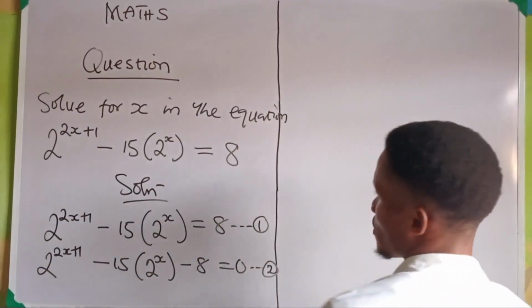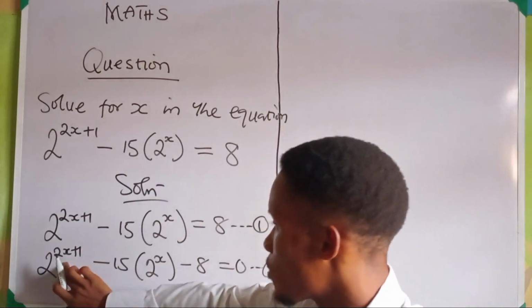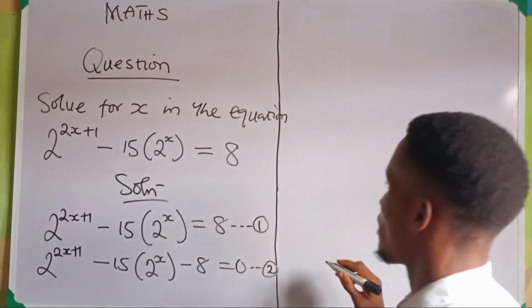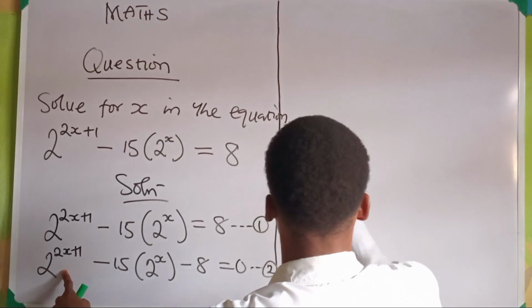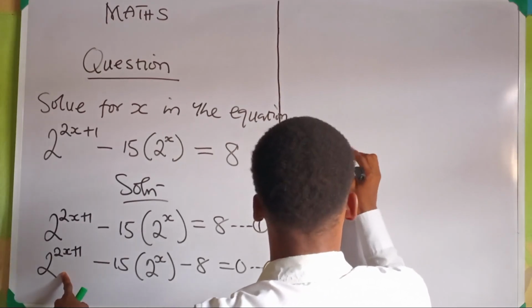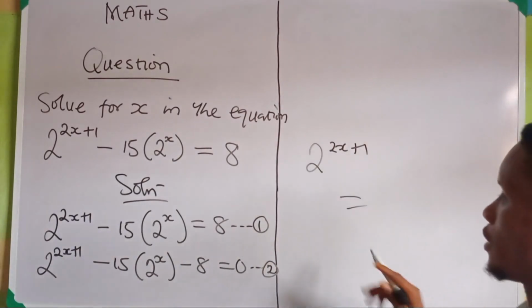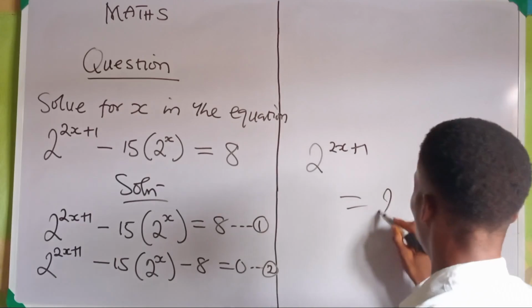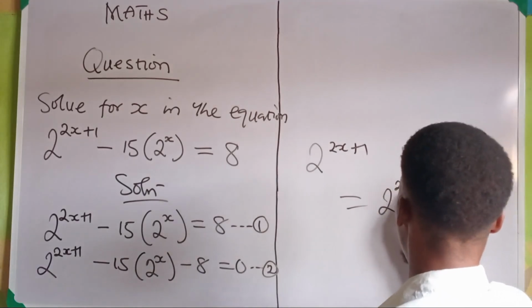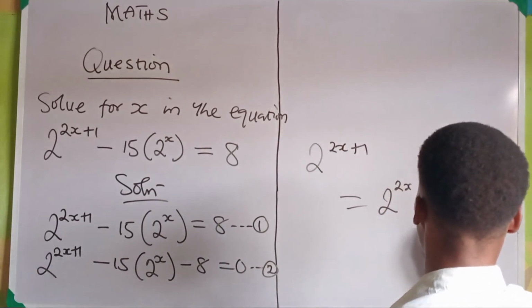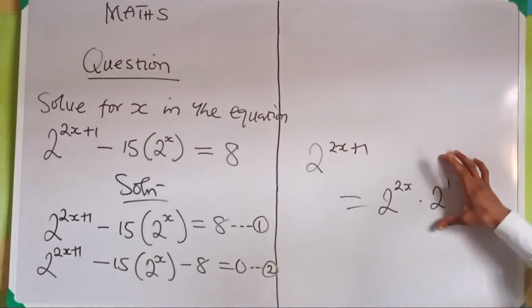So looking at this now, let's do something about this. You know that this 2 raised to the power 2x+1 can be written as 2 raised to the power 2x dot 2 raised to the power 1. This is an indices equation.